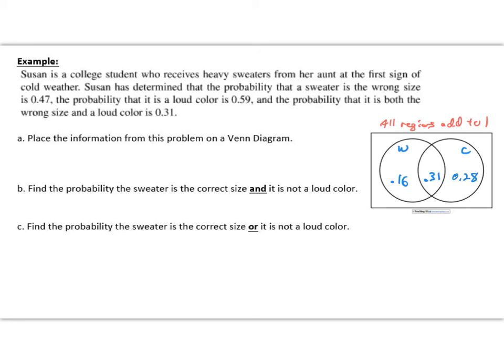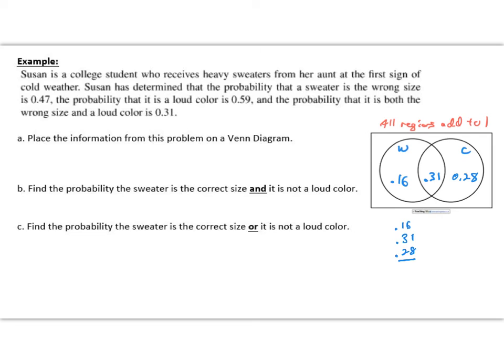Okay, not bad. Now I need to come up with the probability that it is a good size and not a loud color, something that she won't have her classmates make fun of her for. In order for me to do that, I need to add all of this together. So 0.16 and 0.31 and 0.28 added together.